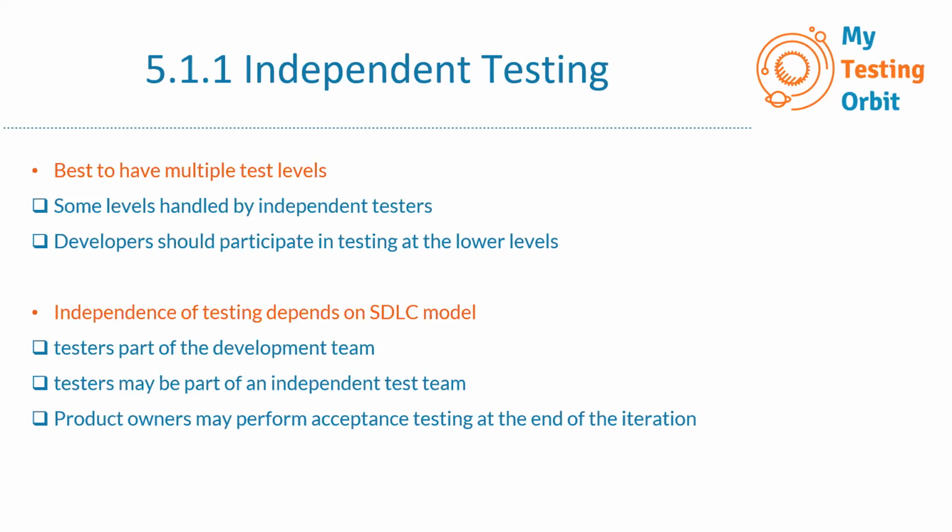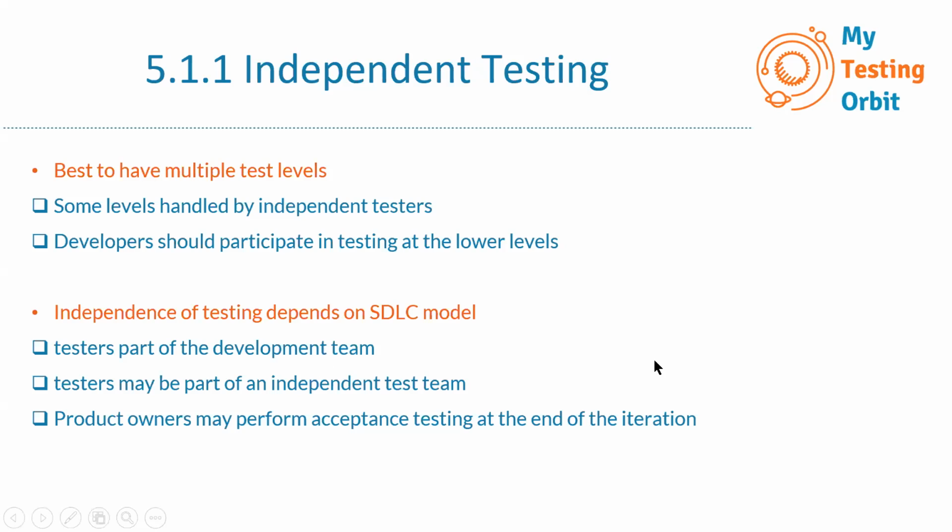In that case, mostly the product owners do perform acceptance testing at the end of each iteration, just to make sure there is nothing missed by the tester, because in that setting, the product owner and the tester are not in the same team, and they might not be as vocal and communicative with each other as they usually would be in the same team.